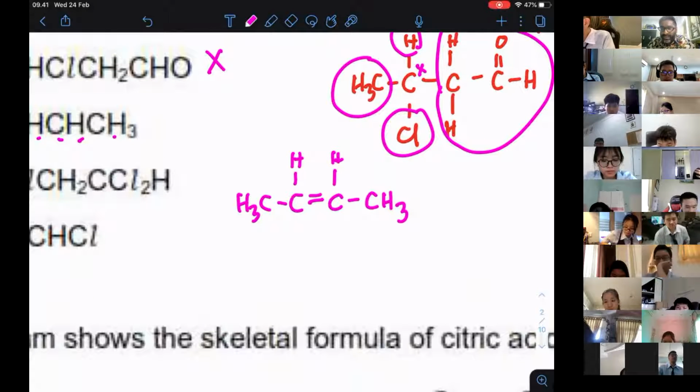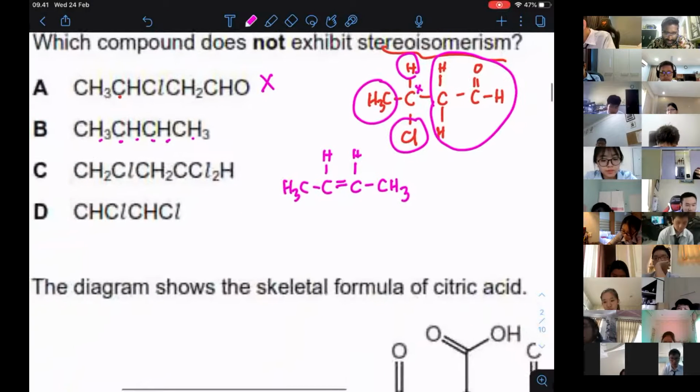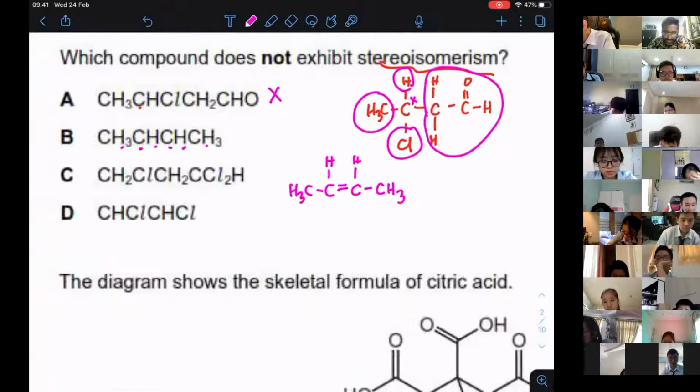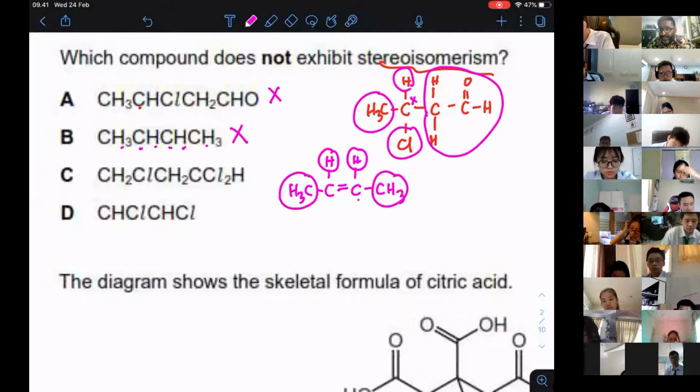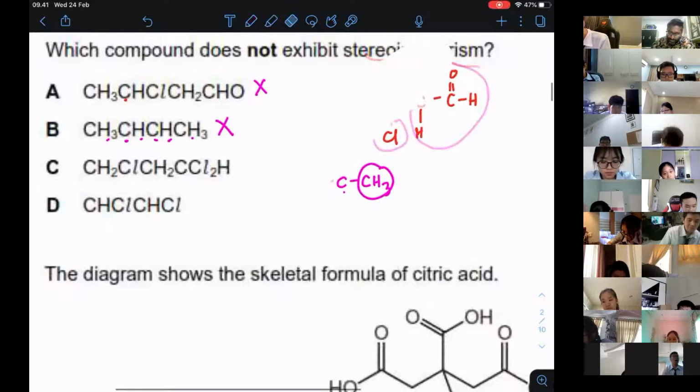If not, it's not possible. Here they are asking which does not exhibit, but this one can definitely exhibit cis and trans. Why? The carbon is attached to 2 different groups, so definitely there is cis and trans. So this will not be the answer. You do the same thing. I'll erase this part.